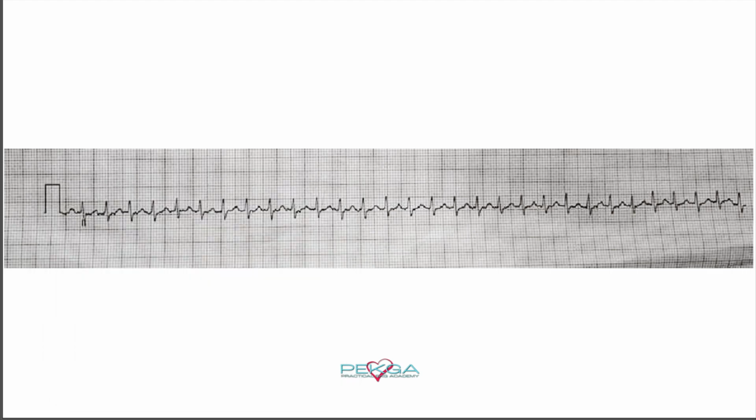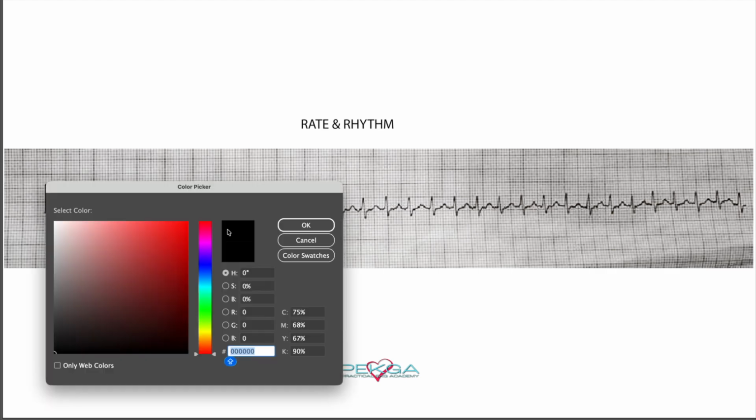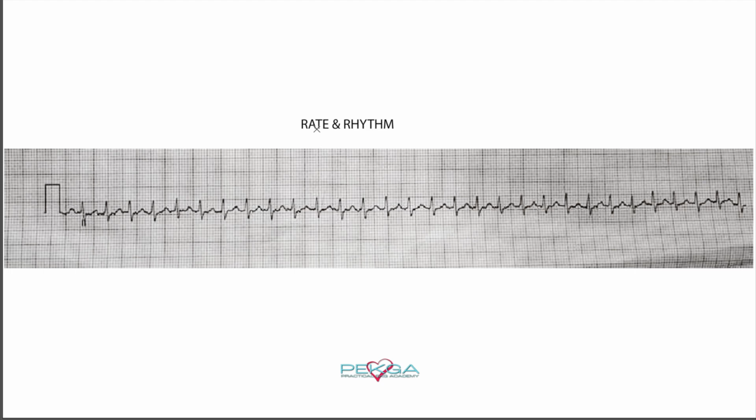Let's say somebody hands you this strip and you've got to make sense of it. As always, the only thing you can really reliably pull off of a single channel is rate and rhythm. And when somebody mentions rate, your immediate response should be the rate of what, right?